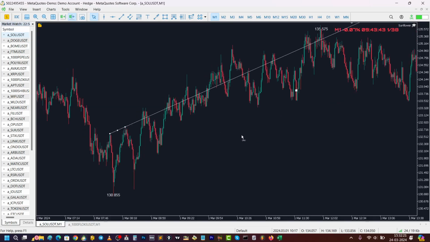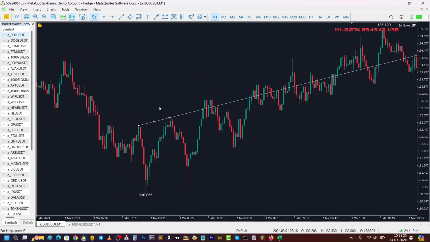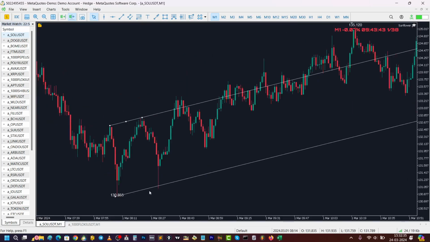Now let me draw it like a trend channel here, this resistance and this resistance, and now I'm going to adjust this here. So you see your two supports are confirmed and two resistances are confirmed.